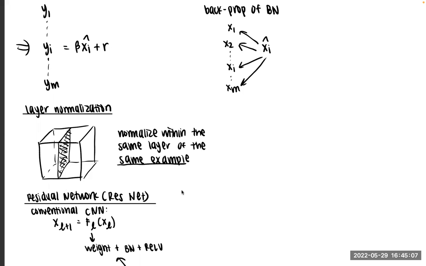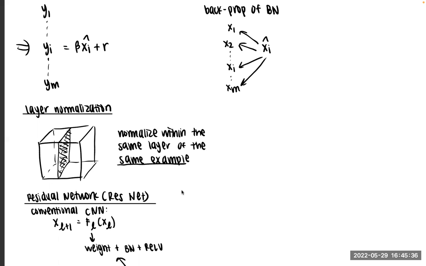And layer normalization has been very commonly used in the transformer model, as we shall discuss later on. But the overall rationale for layer normalization is essentially the same as batch normalization. We want to stabilize the input to facilitate the training so that it may have very good performance.